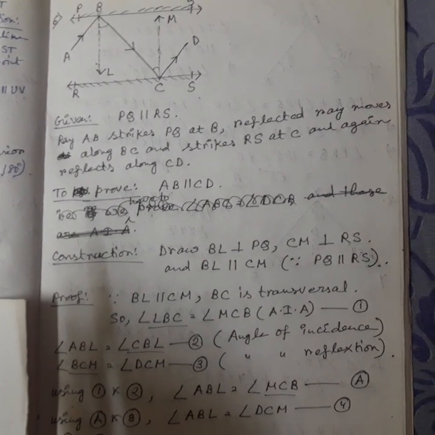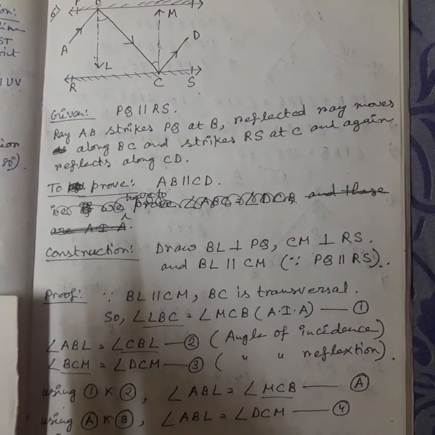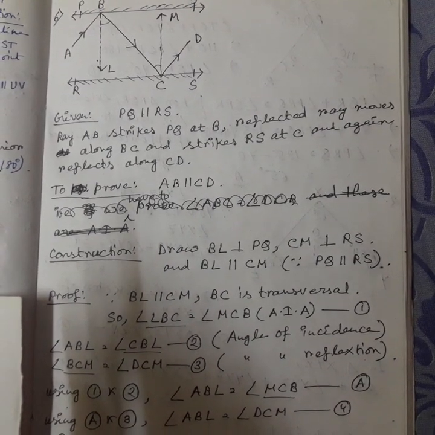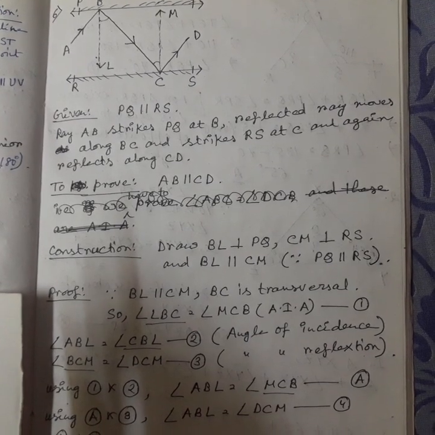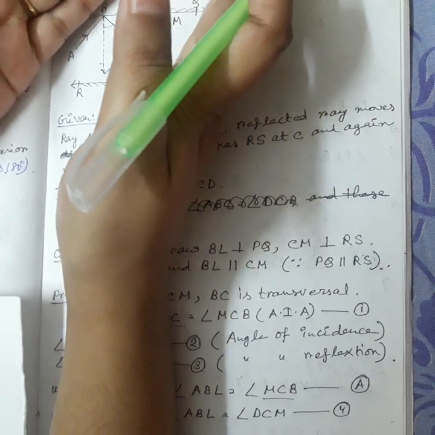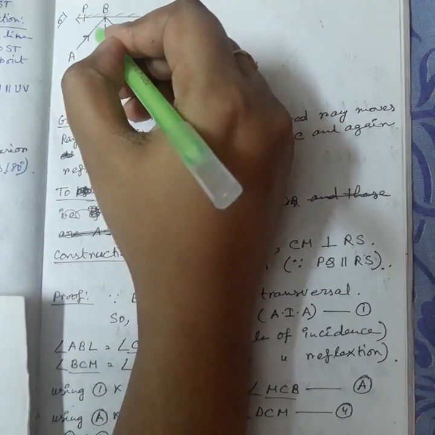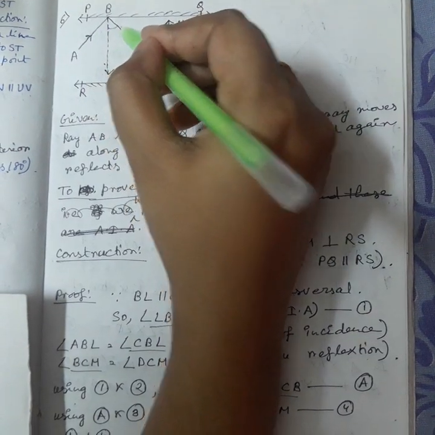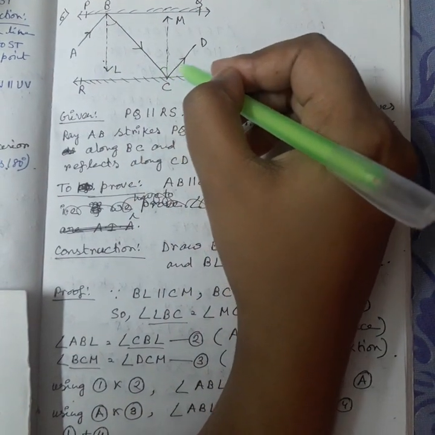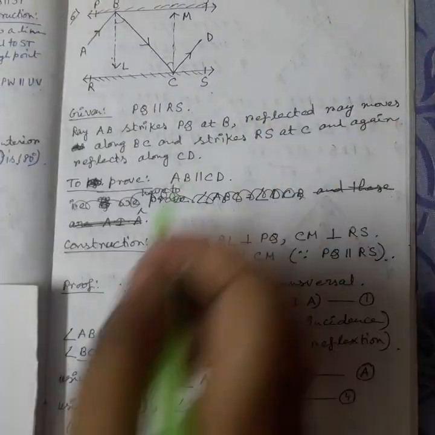So if two lines are parallel, it will be easy. If we will prove that alternate interior angles are equal, then easily we can say AB is parallel to CD. That means if these two lines are parallel, you have to prove. So here you have to prove that angle ABC, this angle, and angle BCD, this angle, are alternate interior angle.